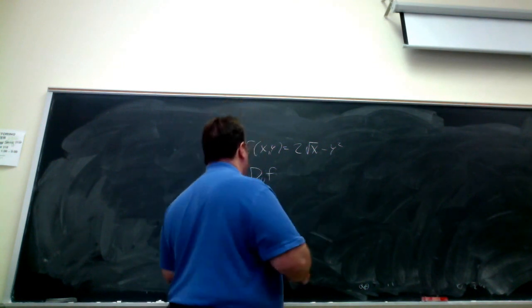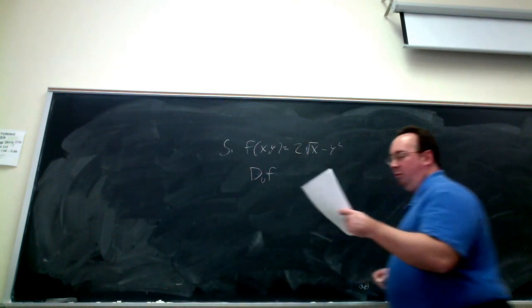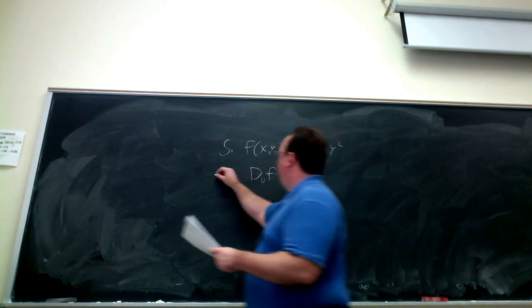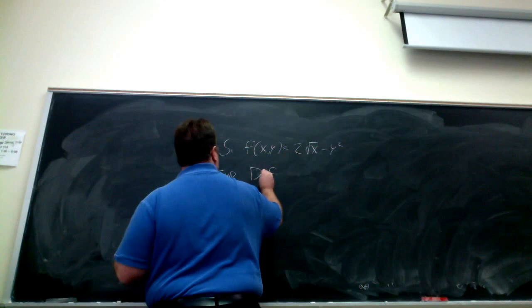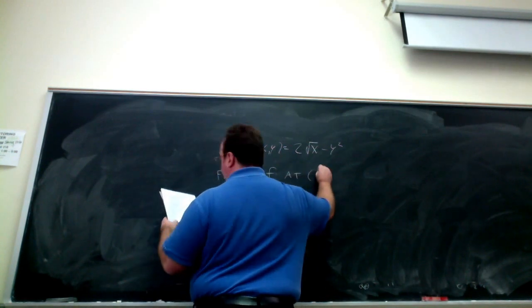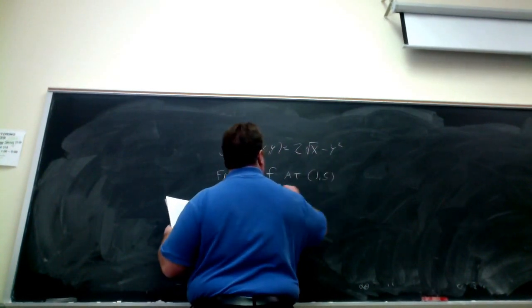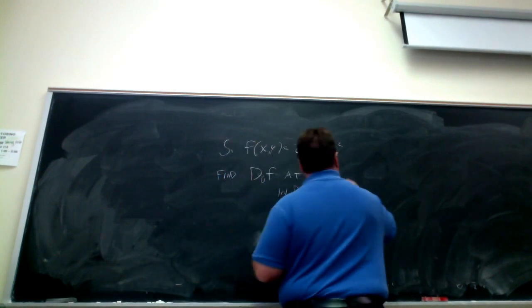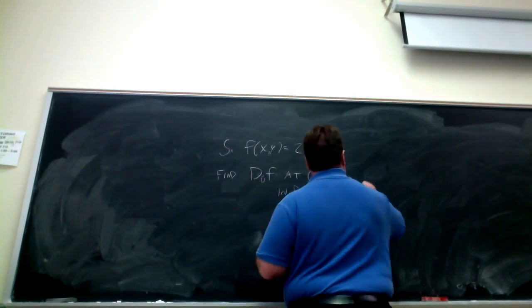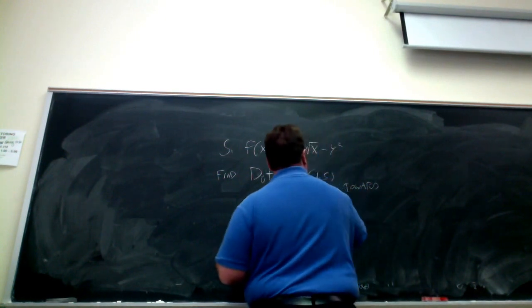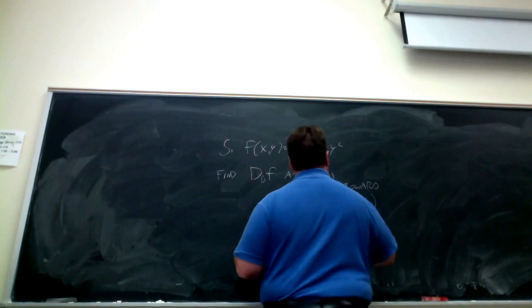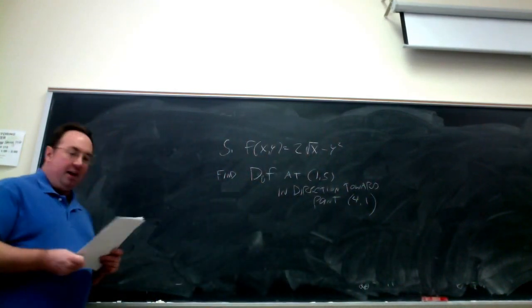So the wording is: find the directional derivative at the point 1, 5 in the direction toward the point 4, 1.